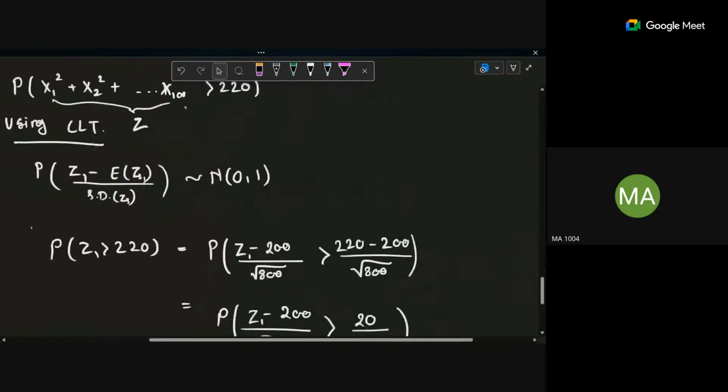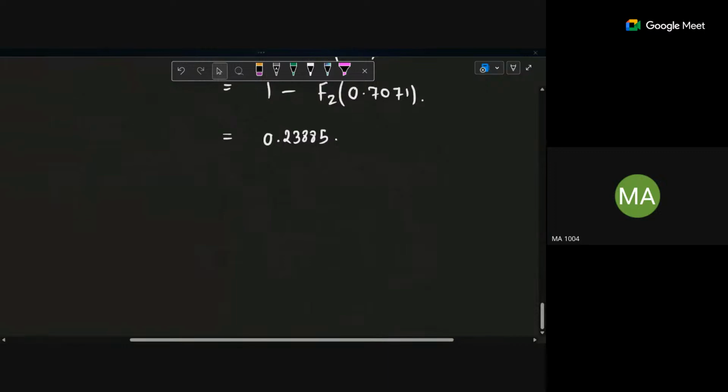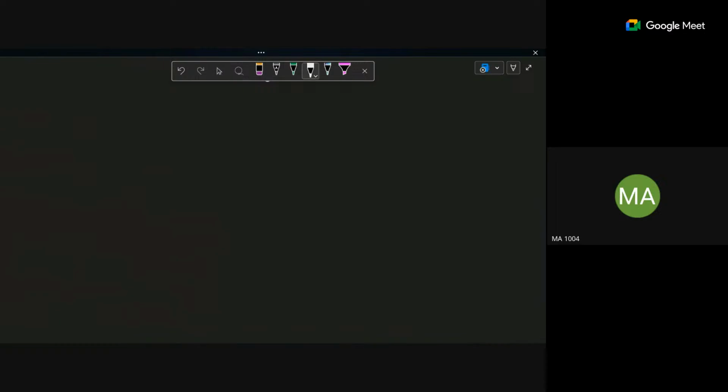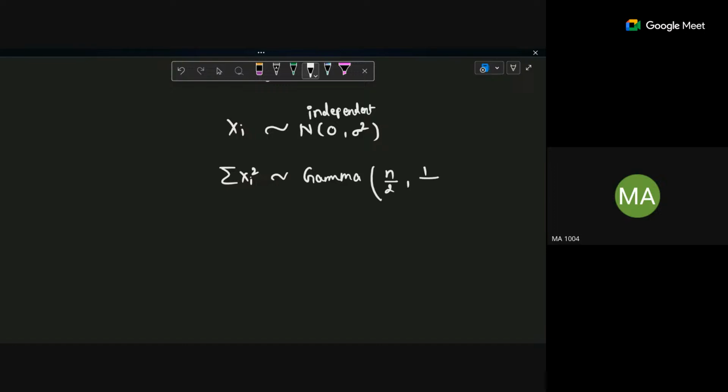In this particular one, it was discussed in our lectures that if your xi's are independent and following a normal distribution with mean 0 and variance sigma square, then the summation of xi square will follow a gamma distribution with mean n by 2 and variance 1 by 2 sigma square.